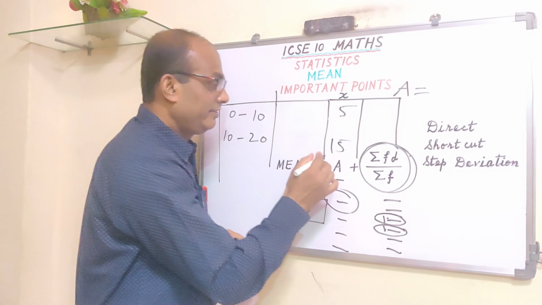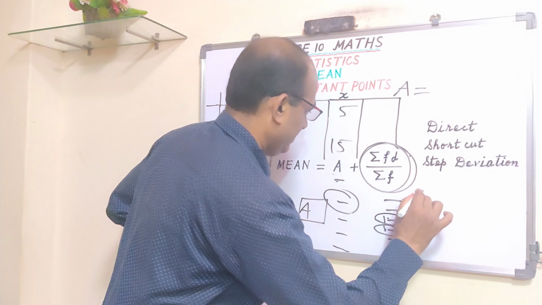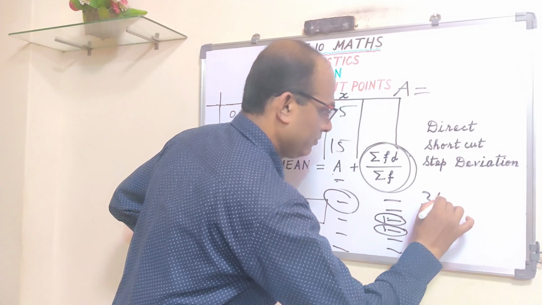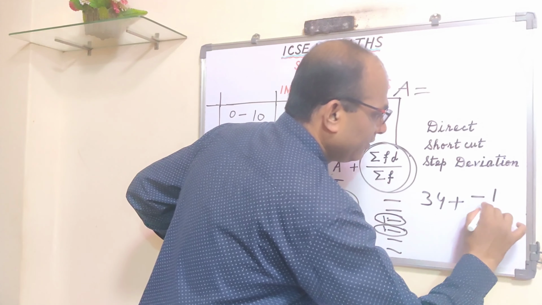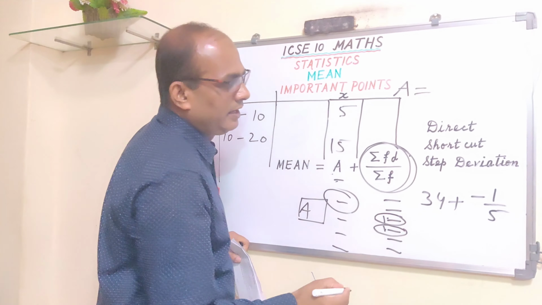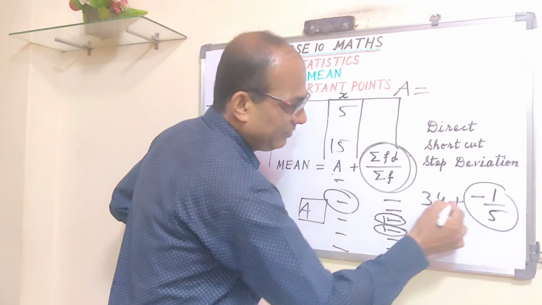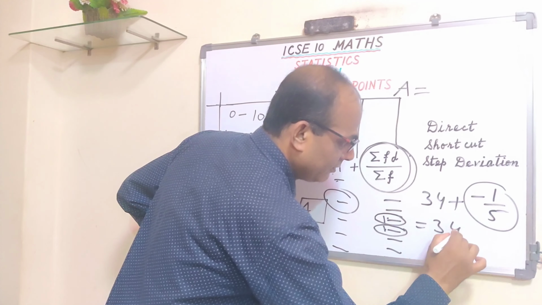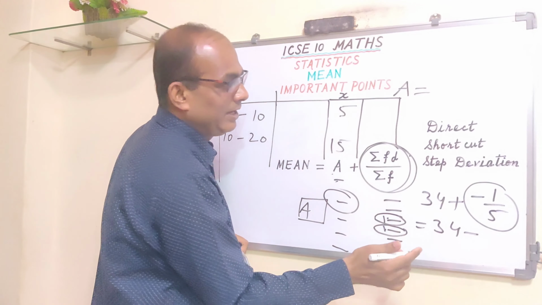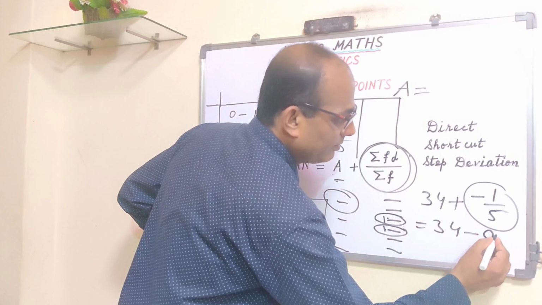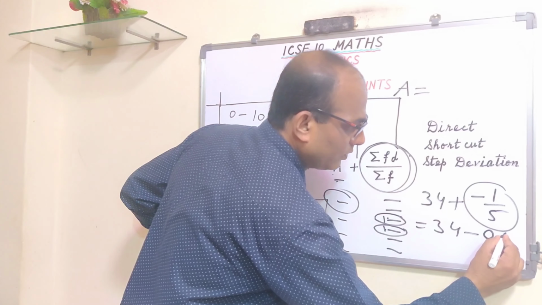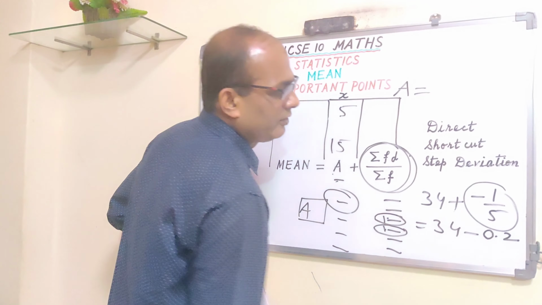Alright. So for example, suppose here it is 34, and then you are getting minus 1 upon 5. So you first simplify this. This minus will come here, so you can write down 34 minus, and 1 upon 5 is how much? 0.2.